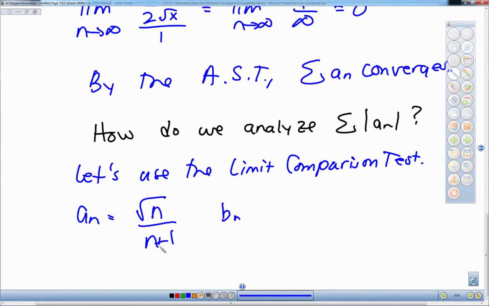So we're going to delete the terms that are not needed here, and I claim that a great candidate would just be the square root of n over n. If I rewrite this as n to the 1/2 over n to the 1, that reduces to 1 over n to the 1/2, or 1 over the square root of n.